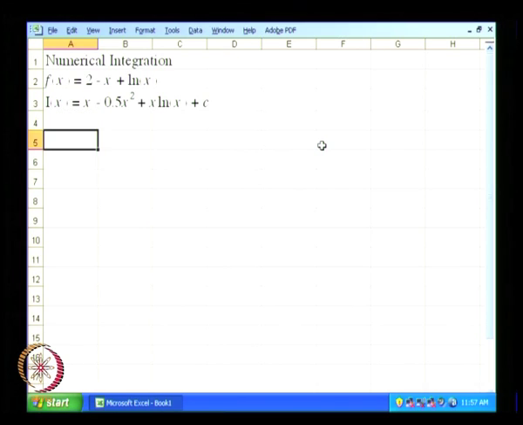If we integrate this, we will get 2x minus x square divided by 2 plus x ln x minus x, plus 2x and minus x will result in just one single x over here, and plus a constant of integration c. Okay. So let us say we want to get integral I from a equal to 1 to b equal to, let us say, 2. And that is what we want to do using, say, the trapezoidal method.